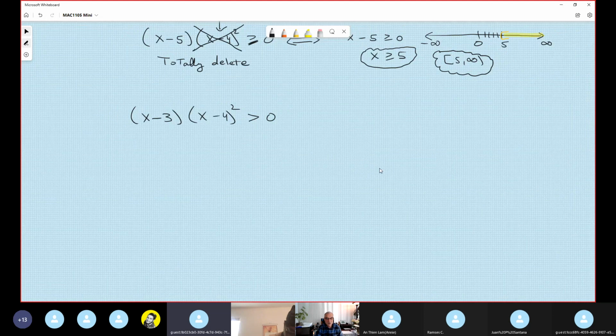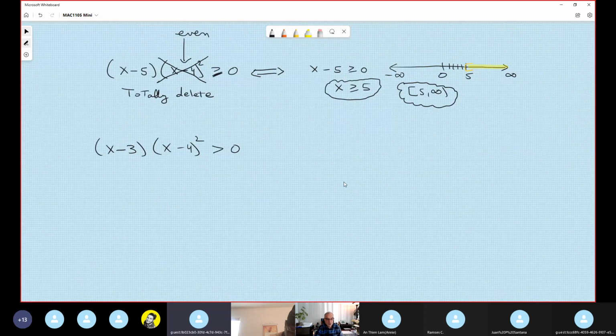Okay, be careful, because what is the difference? The difference is that we have no equal. So you see no equal and you see even exponent. Wow, so you partial delete. What does partial delete mean, and what is the reason that you don't delete completely?